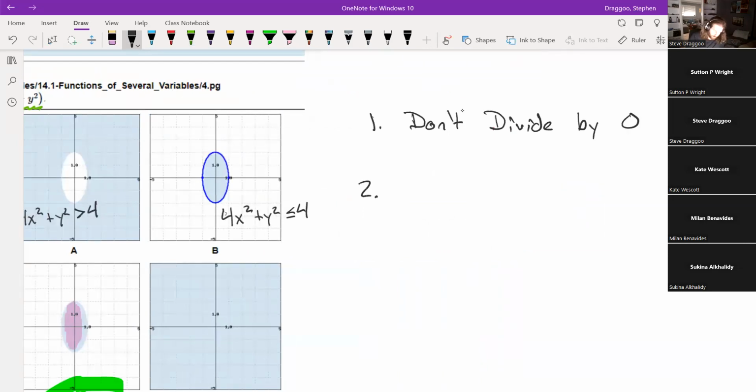Number 2, I don't want to take the square root. Don't take the square root, and by square root, I really just mean any even root. So don't take the square root of a negative.